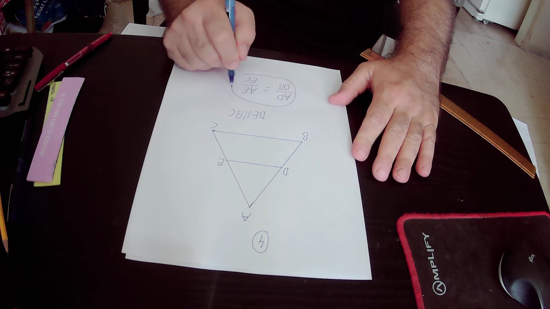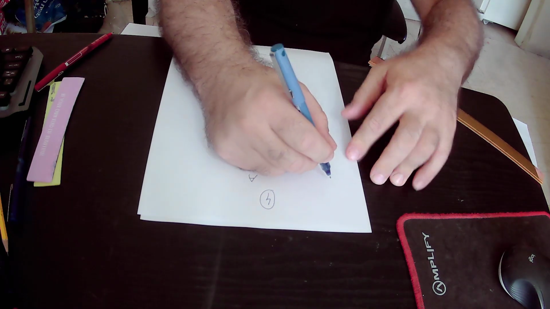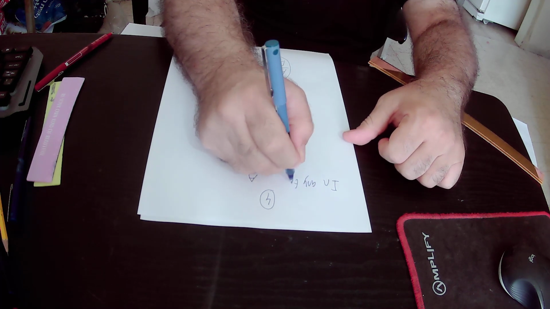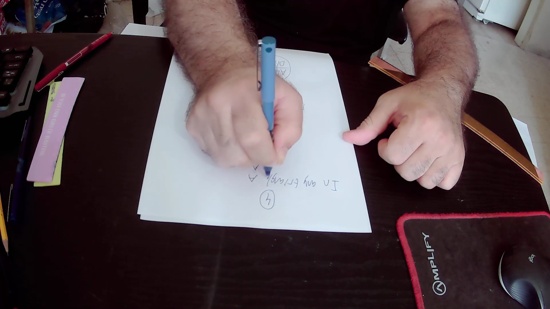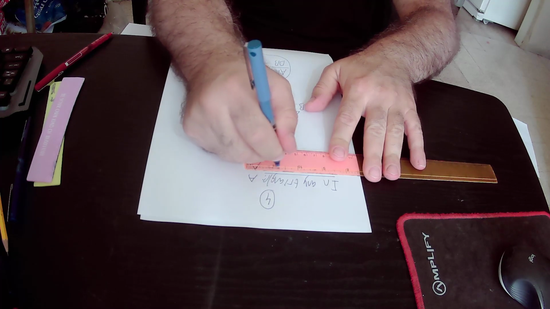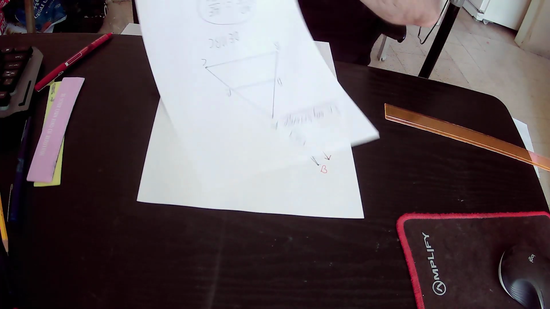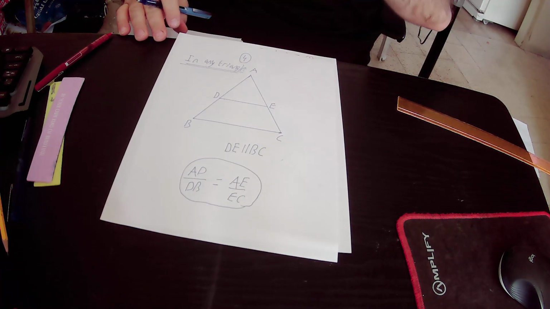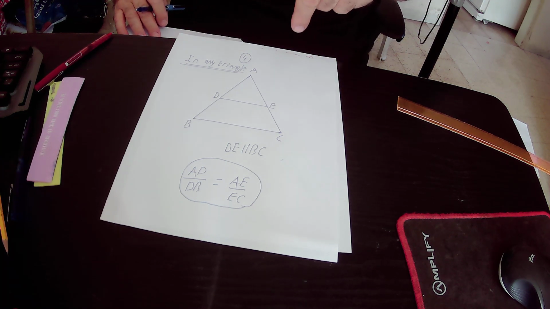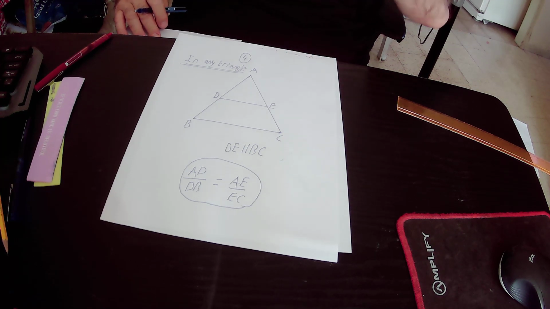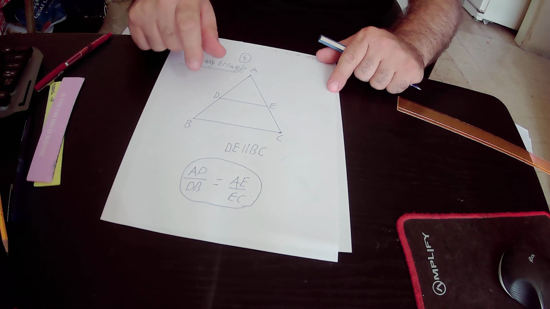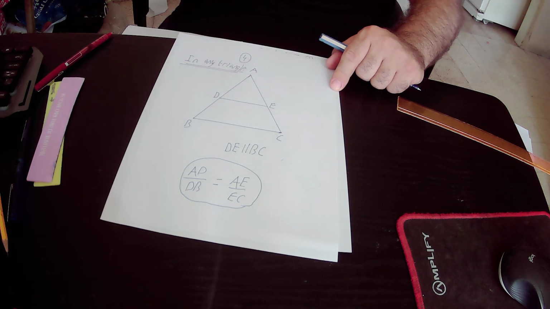That is true for any triangle. So again, AD over DB equals AE over EC.